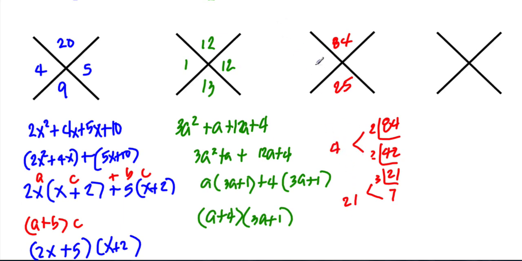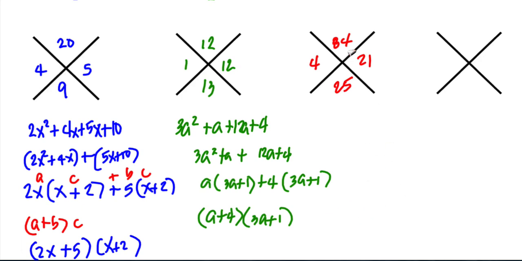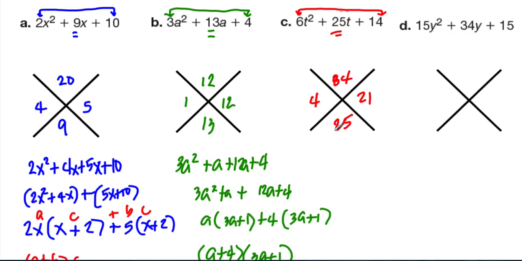So I can do 4 times 21 here. It will give me a sum of 25. Let me erase this. I'll have space. Okay, and I'll rewrite my trinomial using what I just got. So this becomes 6t² + 4t + 21t + 14.